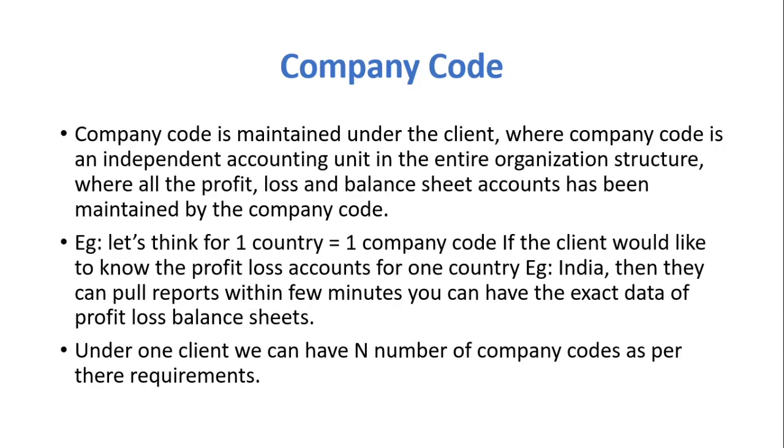Then the company code. Company code is maintained under the client. The company code is an independent accounting unit in the entire organization structure, where all the profit and loss and the balance sheet accounts are maintained by the company code. For example, let's think of one country equal to one company code. If the client would like to know the profit and loss account for one country, for example India, then they can pull the reports within a few minutes.